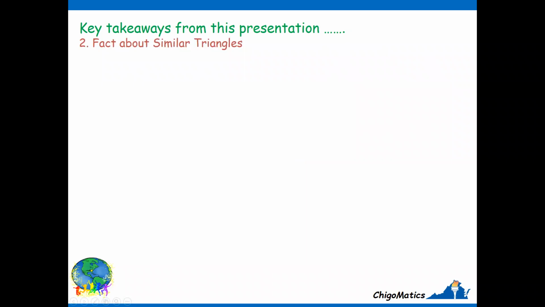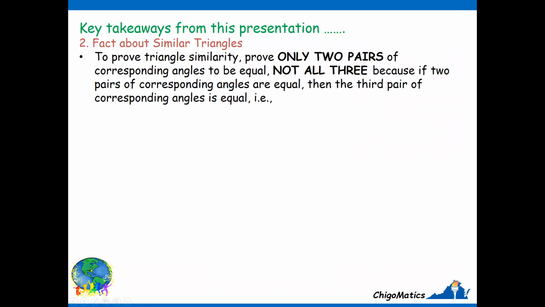Let's look at a fact about similar triangles. Right, in similar triangles, there is one important fact: to prove triangle similarity, prove only 2 pairs of corresponding angles to be equal. You don't have to prove all 3, because if 2 pairs of corresponding angles are equal, then the third pair of corresponding angles is equal.